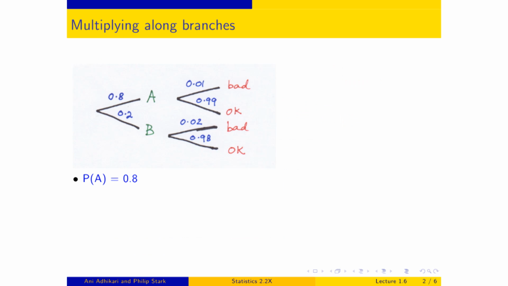So here's your picture again. And what we've said already is that for a randomly picked widget, the probability that it is made by machine A is 0.8. The probability that it is bad, given that it was produced by machine A, is 0.01, that's 1%.